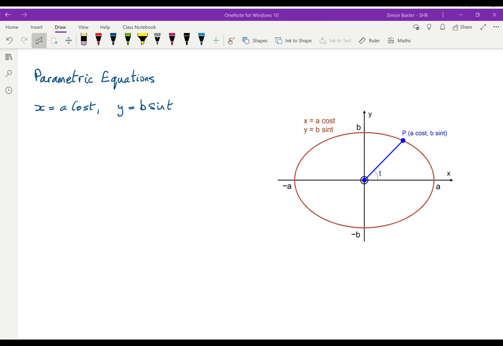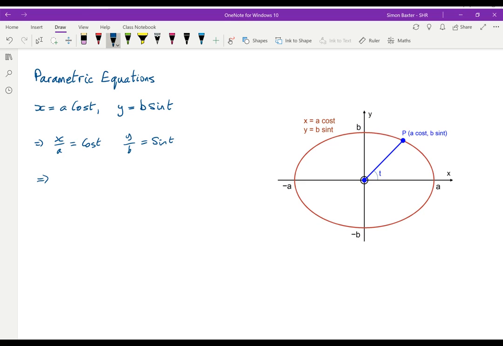Let's tie up the parametric equations and the Cartesian ones. What happens if we want to eliminate t? We have that x over a is cos t, and that y over b is sine t.